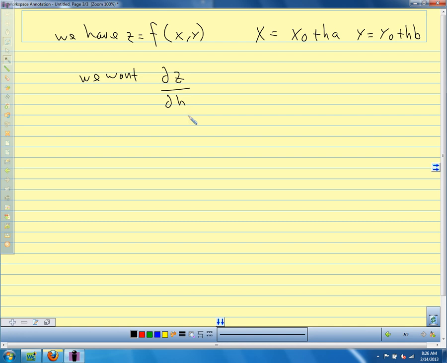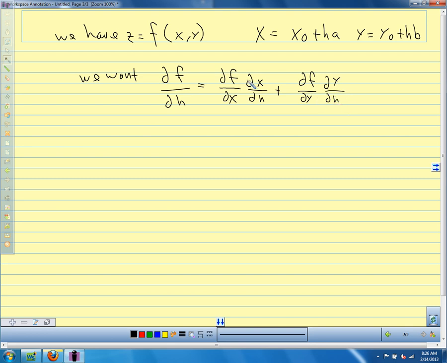What do we need to use to calculate dz/dh here? Partial derivatives and the chain rule. We have a function, and x depends on h, and y depends on h. So dz/dh, using the chain rule, and I'm going to say df rather than dz, we can say df or dz, is df/dx times dx/dh, plus df/dy times dy/dh.